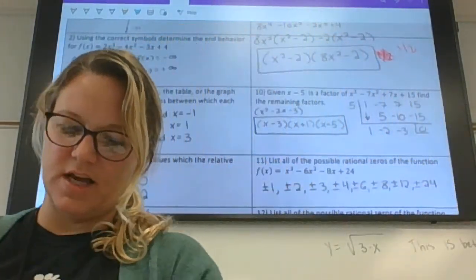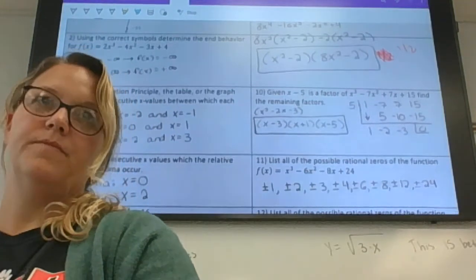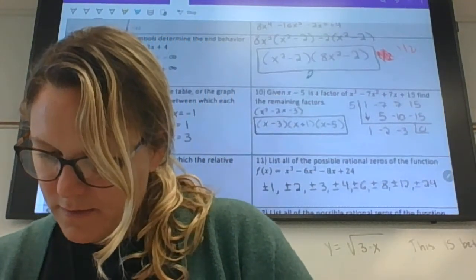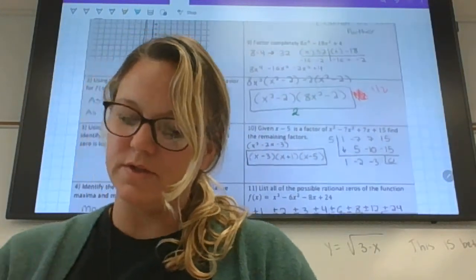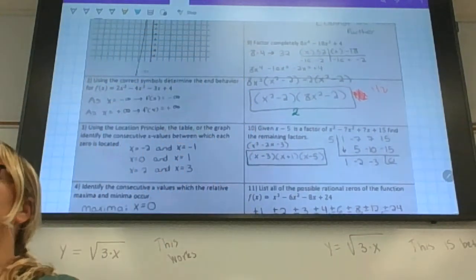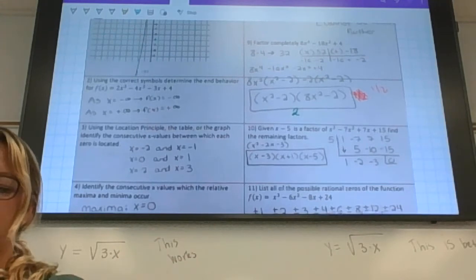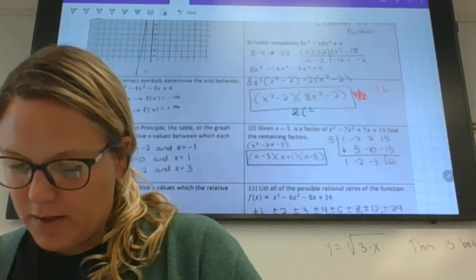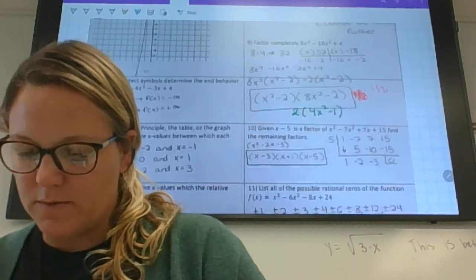The one where this is half. You got to take a 2 out. You could take a 2 out from the start. Step 1, take a 2 out. If you didn't take a 2 out, step 1, this is your answer. From here, you go 4x squared minus 1.